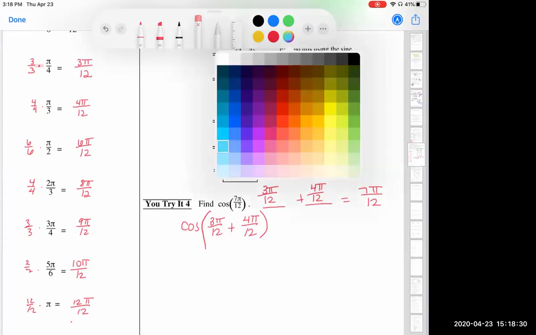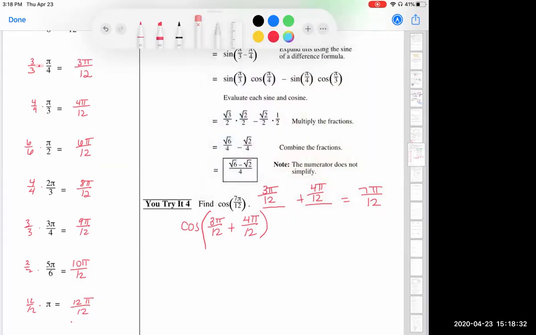We're going to use our formula. So if we use our formula, let's write it down. We have cosine of A plus B, and that is equal to cosine of A times cosine of B minus sine of A times sine of B.